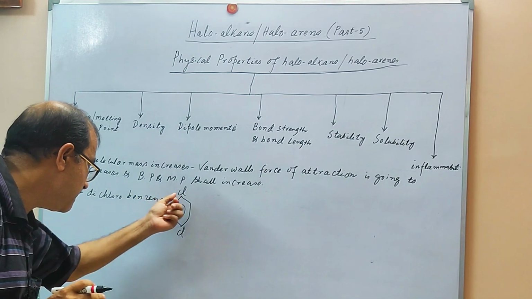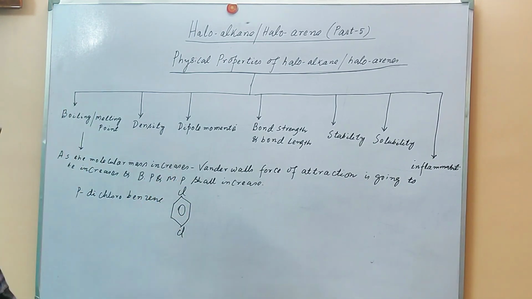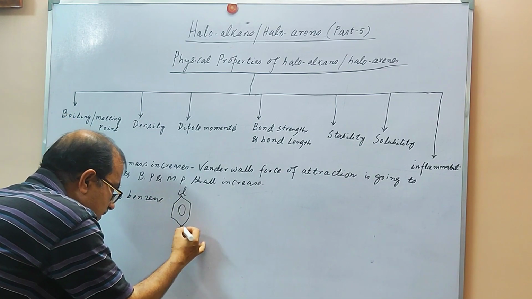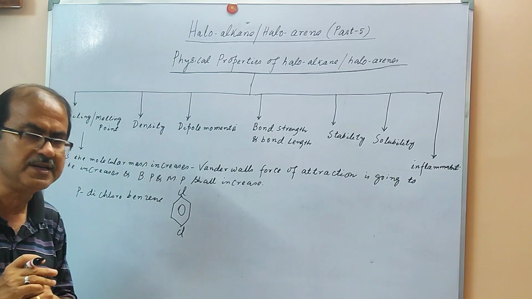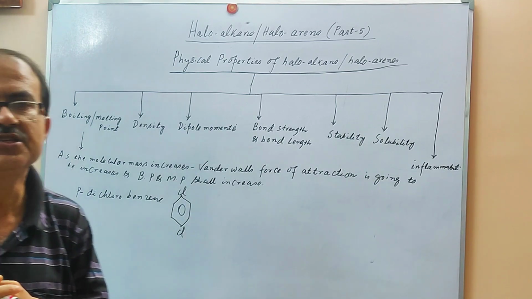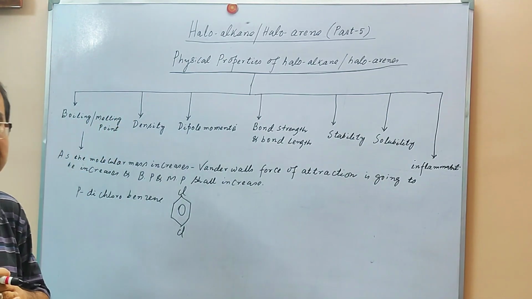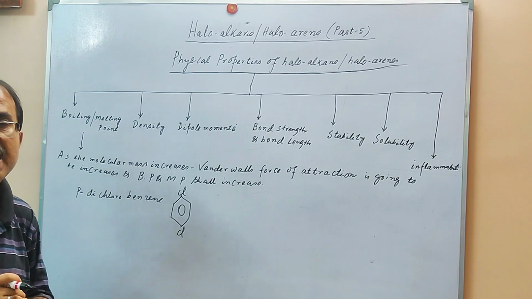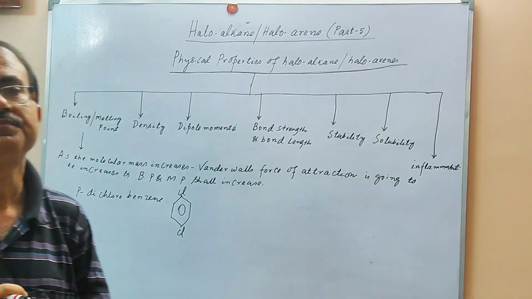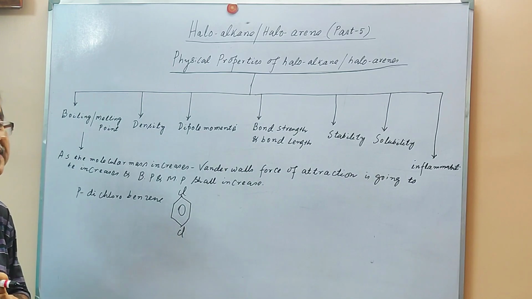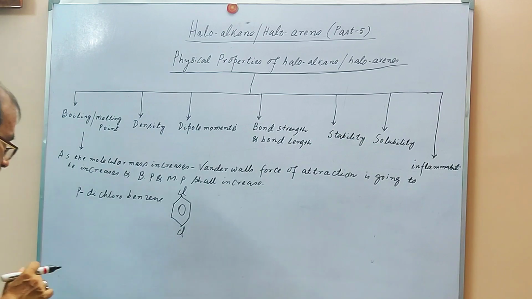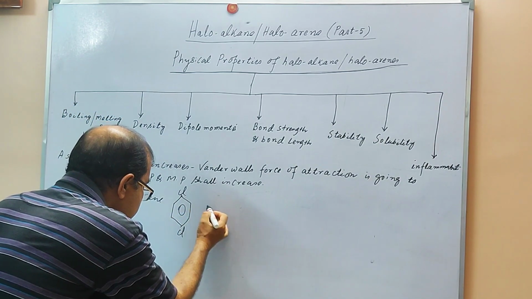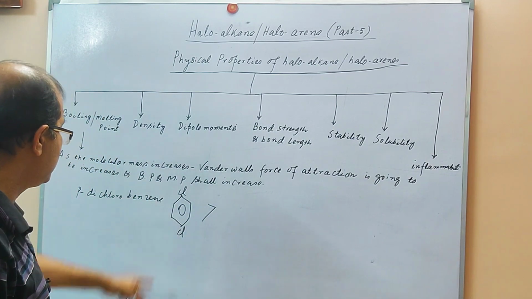The chlorine is at the corner on both sides, a symmetric arrangement. Due to this symmetric arrangement in the crystal, there is good, orderly packing of the molecules, and it impacts the melting point, but the boiling point is not affected by this. The melting point is higher for para-dichlorobenzene.